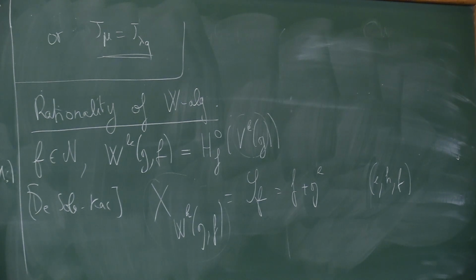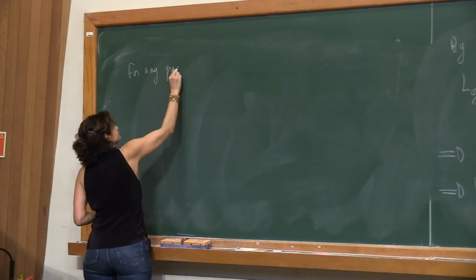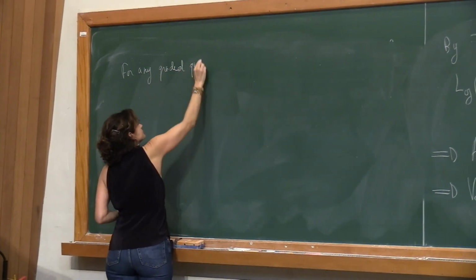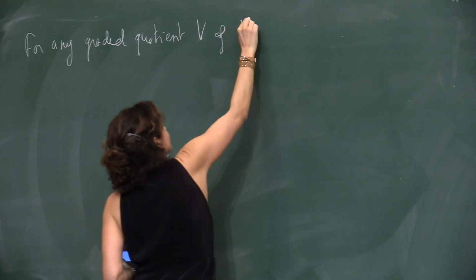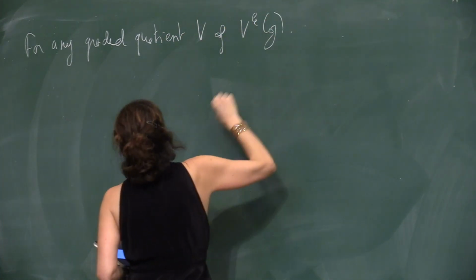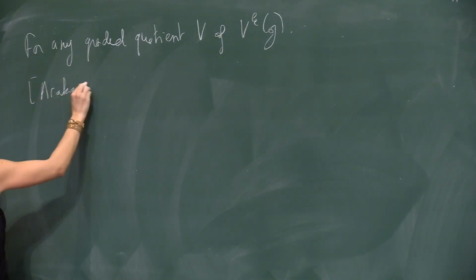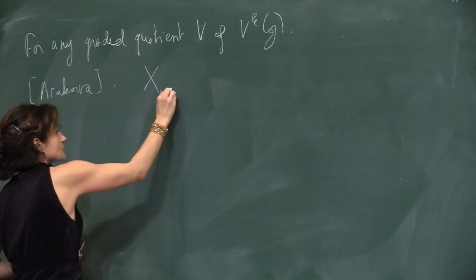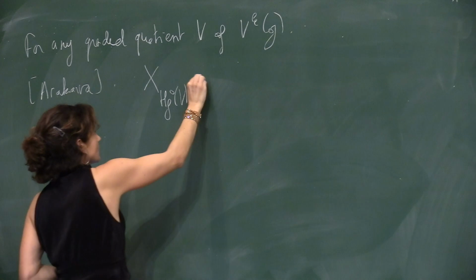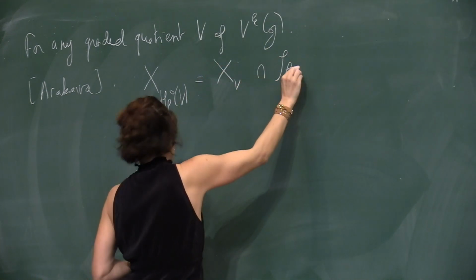So now for any graded quotient V of V^k(g), this is a result of Arakawa: the associated variety of the corresponding BRST reduction is the intersection with this Slodowy slice.